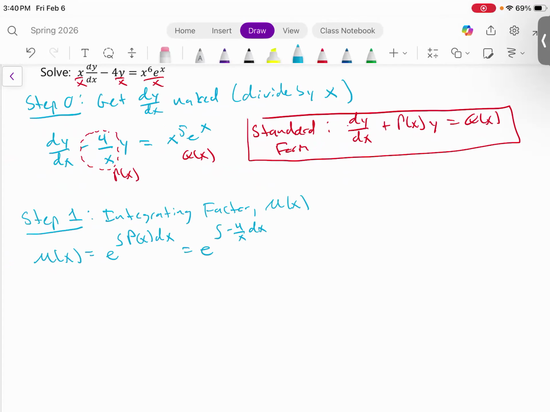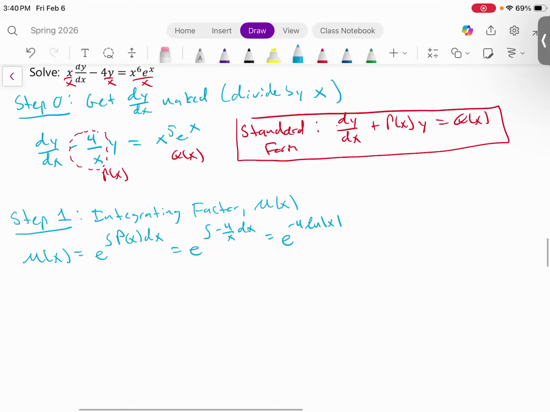So the integral of negative 4 over x is going to be negative 4 natural log of x. Okay, so when that happens in this integrating factor, there's something that you want to recognize and do with properties of natural log. What I want to do is bring up this negative 4.